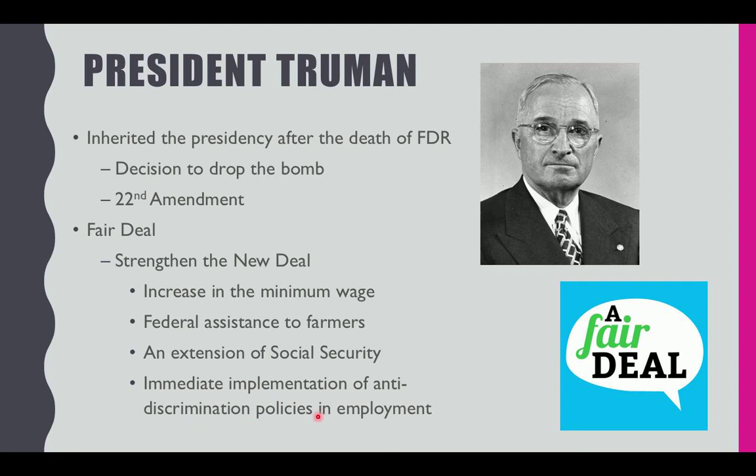What the heck does all that mean? What it means is that you cannot discriminate who you're going to hire based on ethnicity. This is a huge step, something that we haven't seen before. So that's really the biggest deviation from the New Deal. But these other pieces up here are something that FDR had started. Truman is just carrying it on.